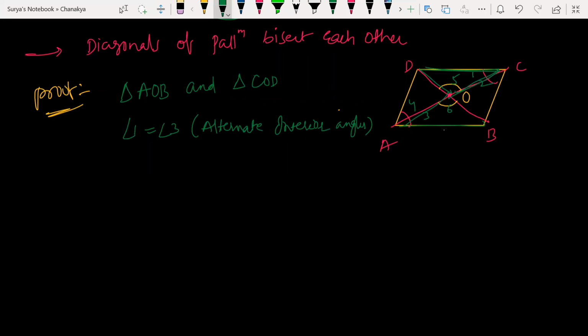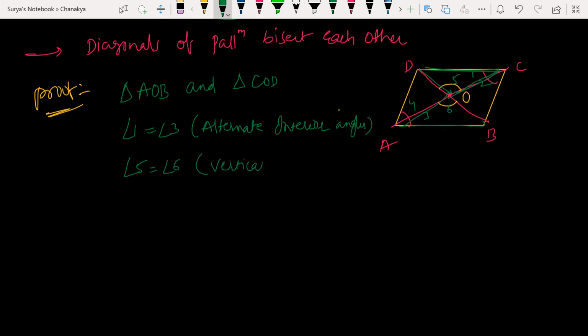Now look at this here. If you just consider like this, angle 5 and 6 will be equal. What are these?